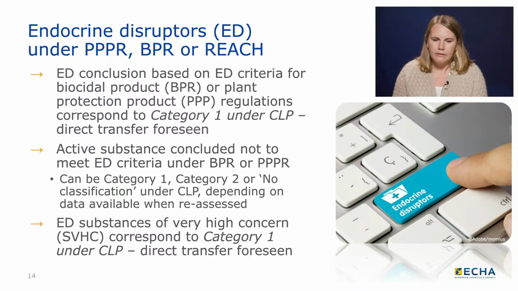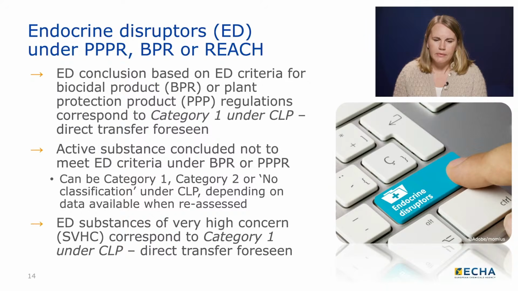For EDs, a conclusion based on the ED criteria for the BPR or PPPR corresponds to category 1 under CLP, and for these substances a direct transfer is foreseen to Annex 6. For biocidal or pesticidal active substances concluded as not meeting the ED criteria, the outcome is depending on the data available for the reassessment.